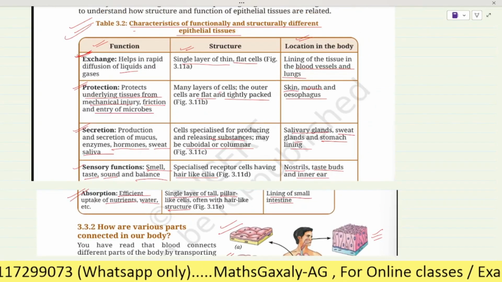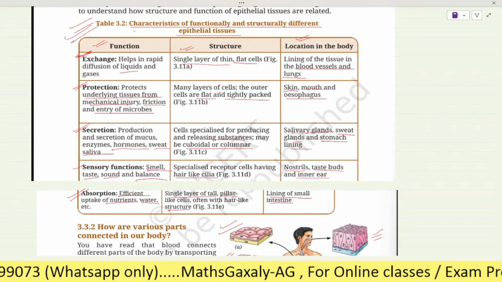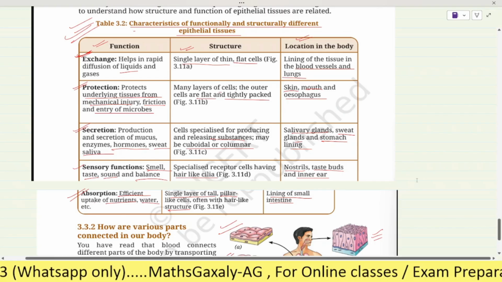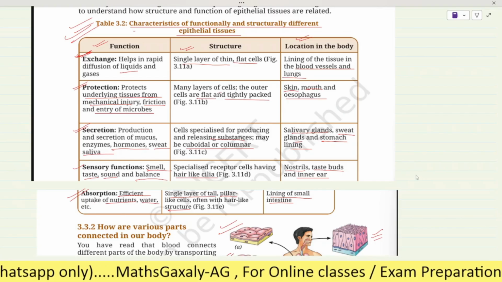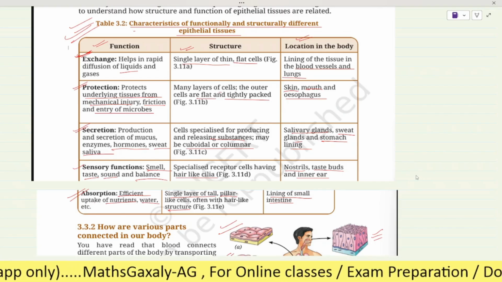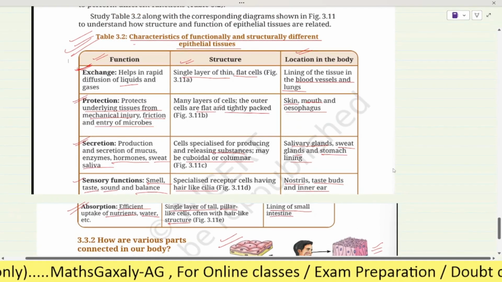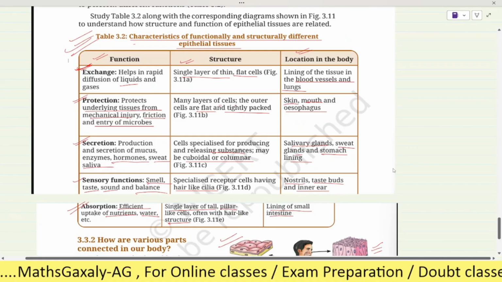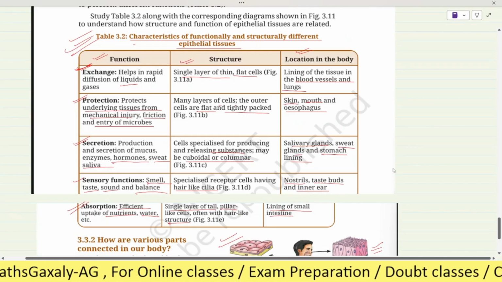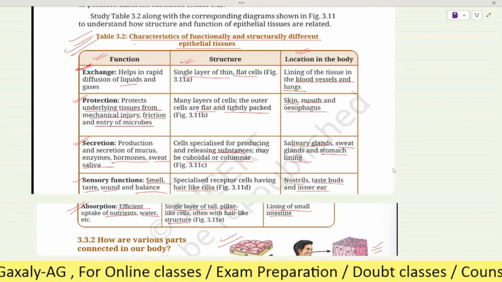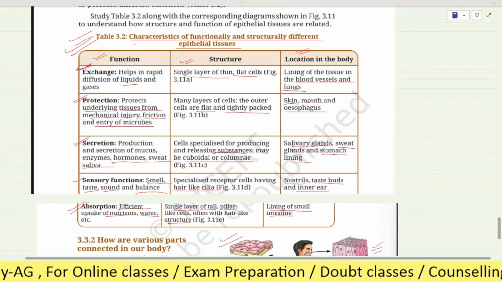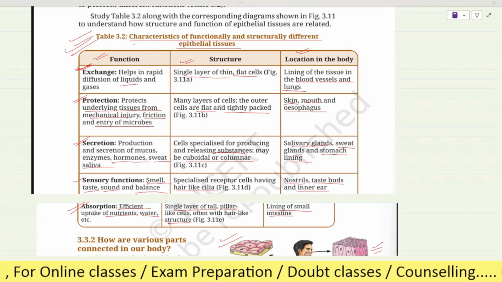Please note down the whole table. The heading for the table is characteristics of functionally and structurally different epithelial tissues.